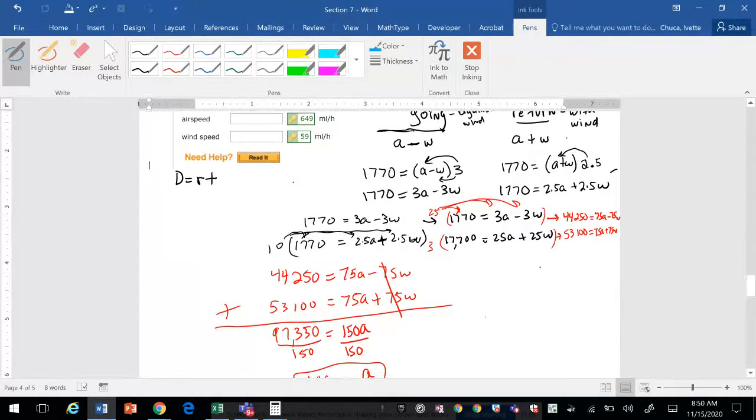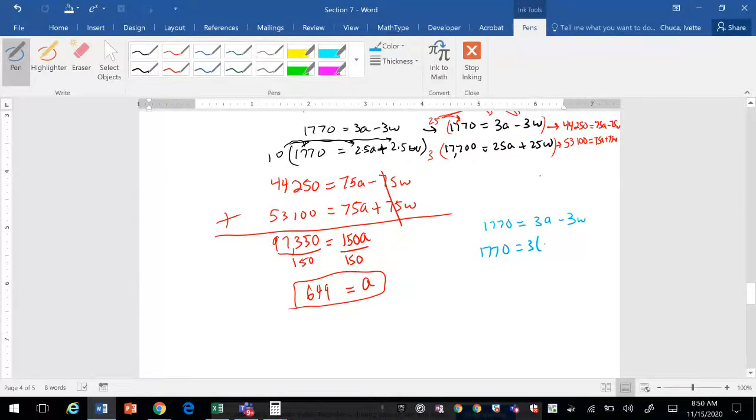Okay, so now that we know A, we can use one of the previous equations to find W. So I'm going to use 1,770 is equal to 3A minus 3W. So I'm using this equation. And I'm going to substitute A, which was 649, minus 3W. So 649 times 3 is going to be 1,947 minus 3W.